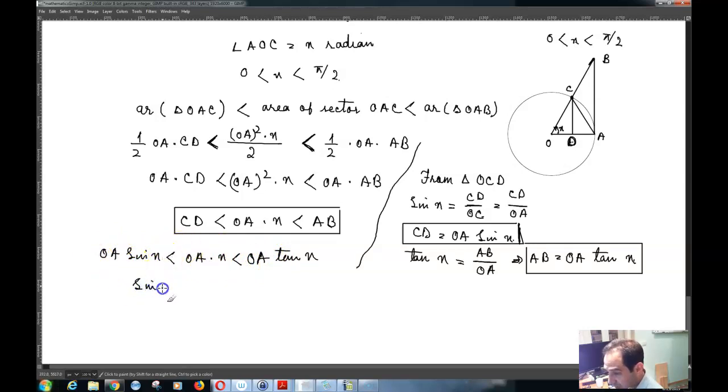So I'll get sine X is less than tan X, dividing by OA here.